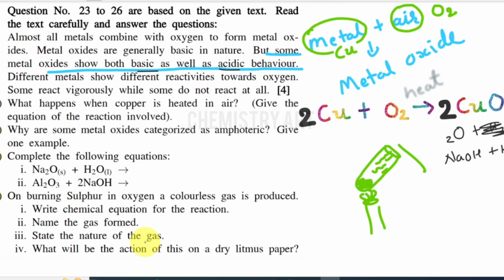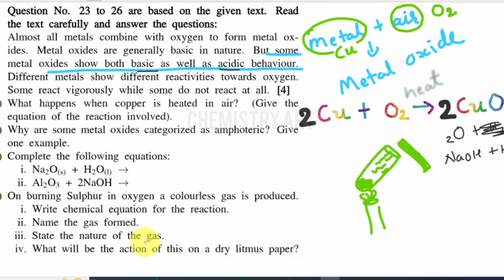So you can check the pH of the gas with the help of moist litmus paper. If you have blue litmus paper and it turns red, it means the gas is acidic, and if the litmus paper remains blue, the gas will be basic. So like that you can check.